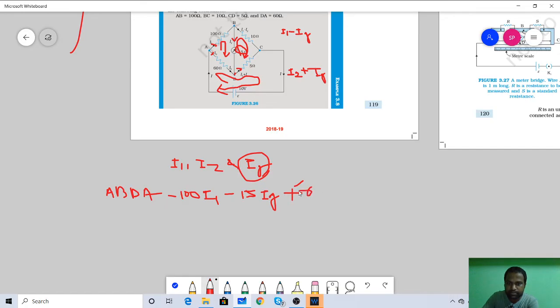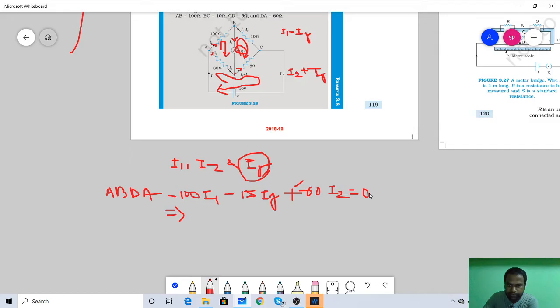Plus 60 I2, where I2 is flowing here. All the changes in voltage, from Ohm's law, I into R, in a loop add up to 0; the changes in the potential difference in a loop is 0. So here I can take 5 common and reduce this to a smaller equation.